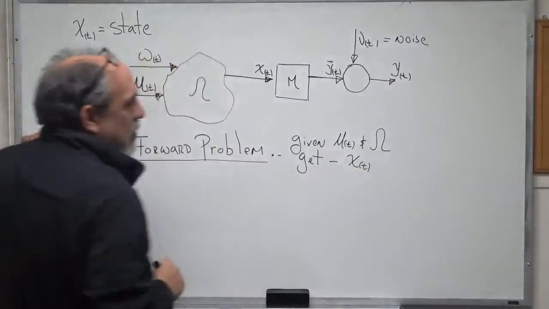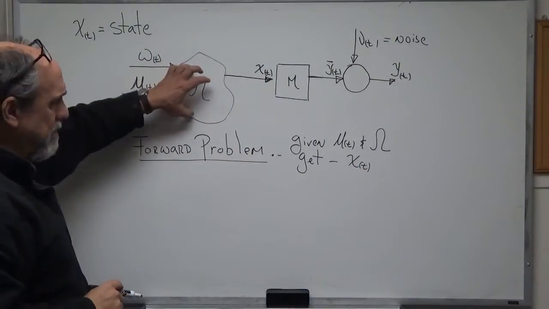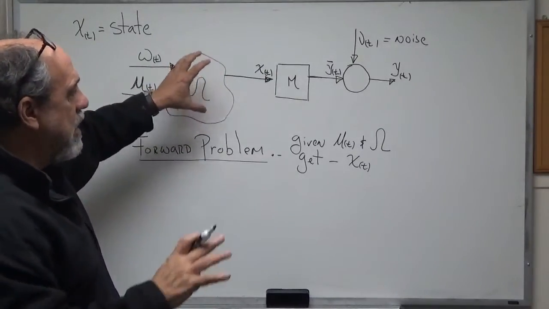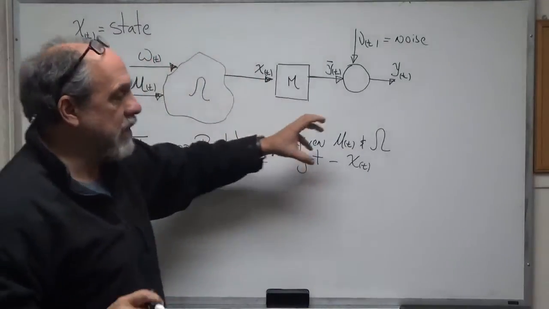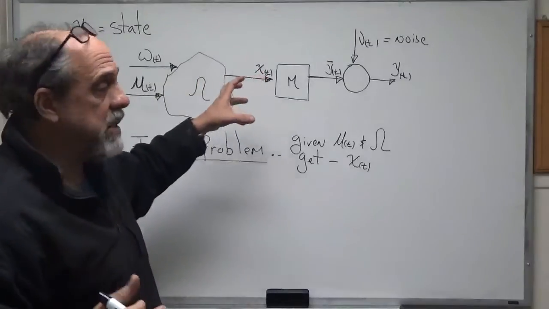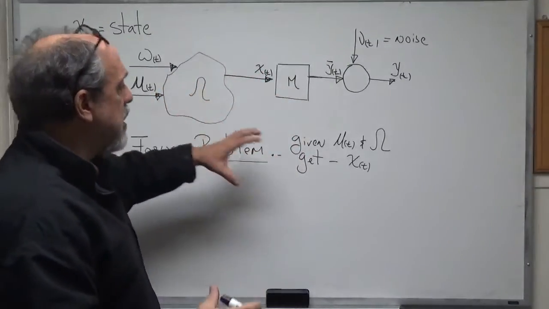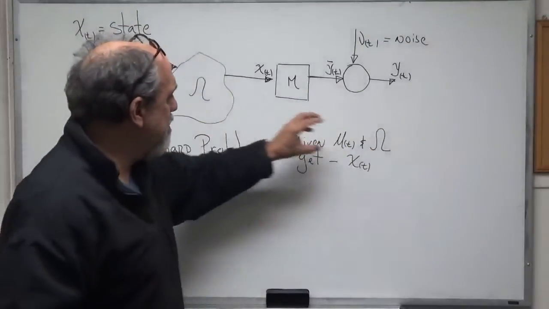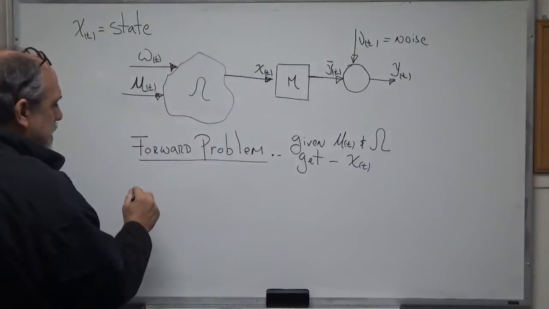By the system I'm talking in generic, abstract terms. In practice, if it was a static problem, the system might be the stiffness matrix. If it's dynamic, it could be the mass, damping, and stiffness matrix. So given the input and the system, you want to compute x of t. That's the standard forward problem.